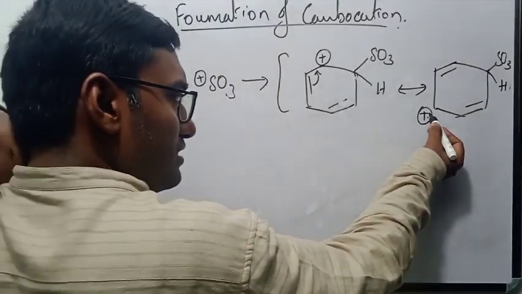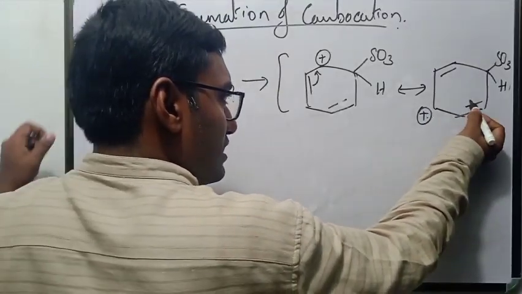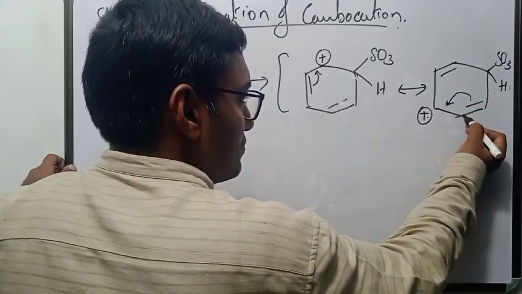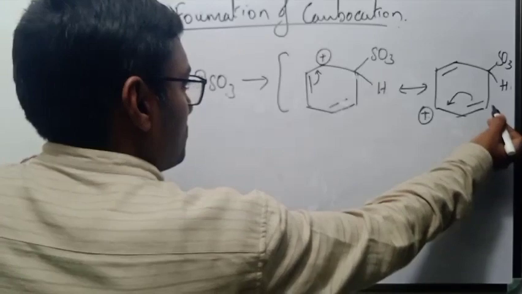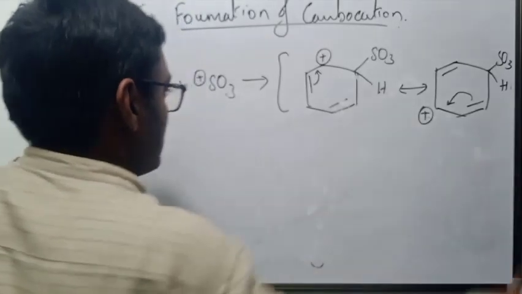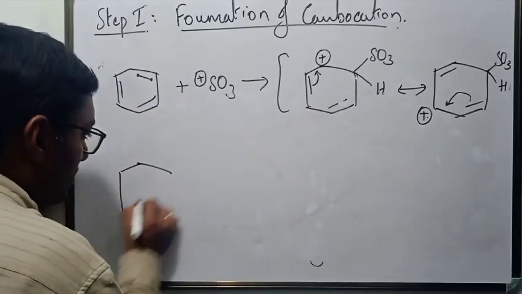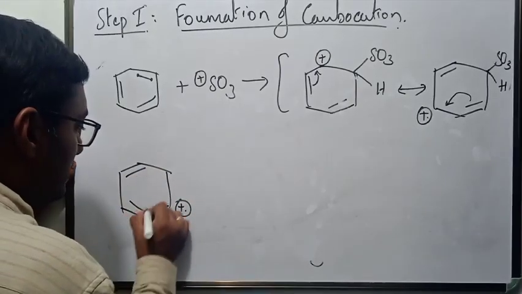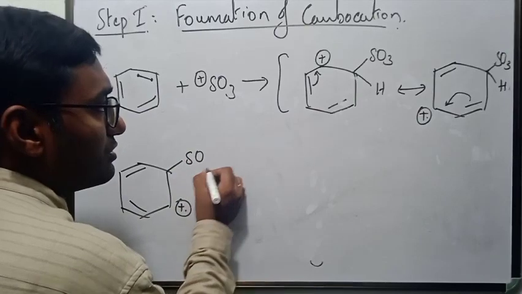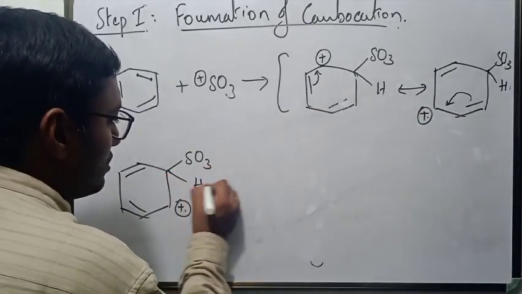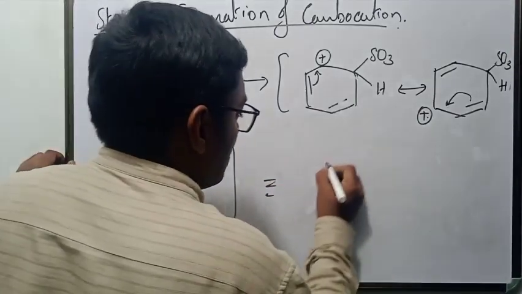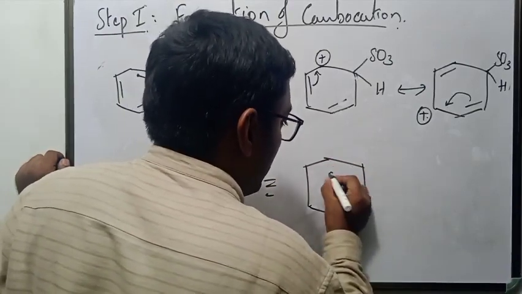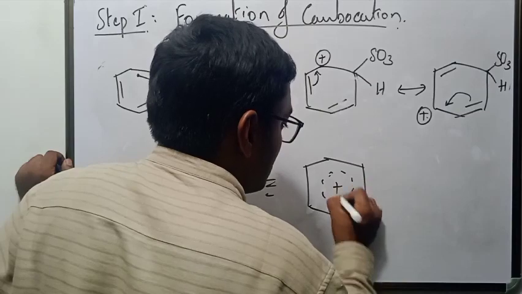Now to compensate for this positive sign, this bond will shift here. When it shifts here, there is no loss for this carbon but for this one, so the positive sign will come on this in the next structure. Let us see. So here the positive sign comes, and here we go, SO3 and H. So overall you can draw a structure like this, which is the addition of all these structures.